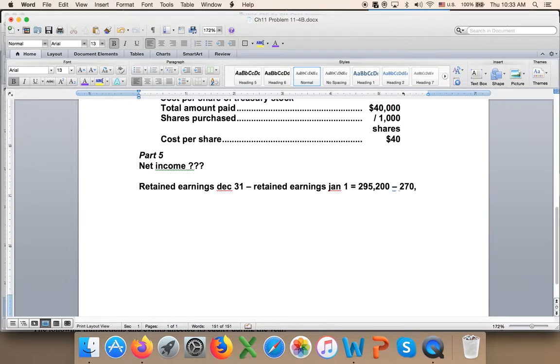Okay, so the amount of retained earnings increased by $25,200. And then I'm going to take this $25,200 and I have to add back all cash dividends, because I pay cash dividends out of net income that we made.